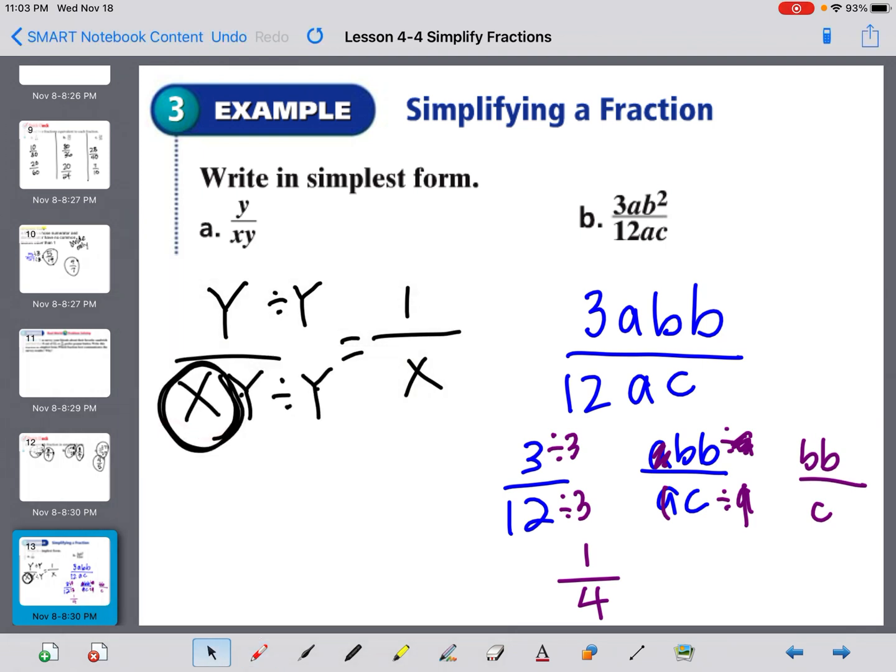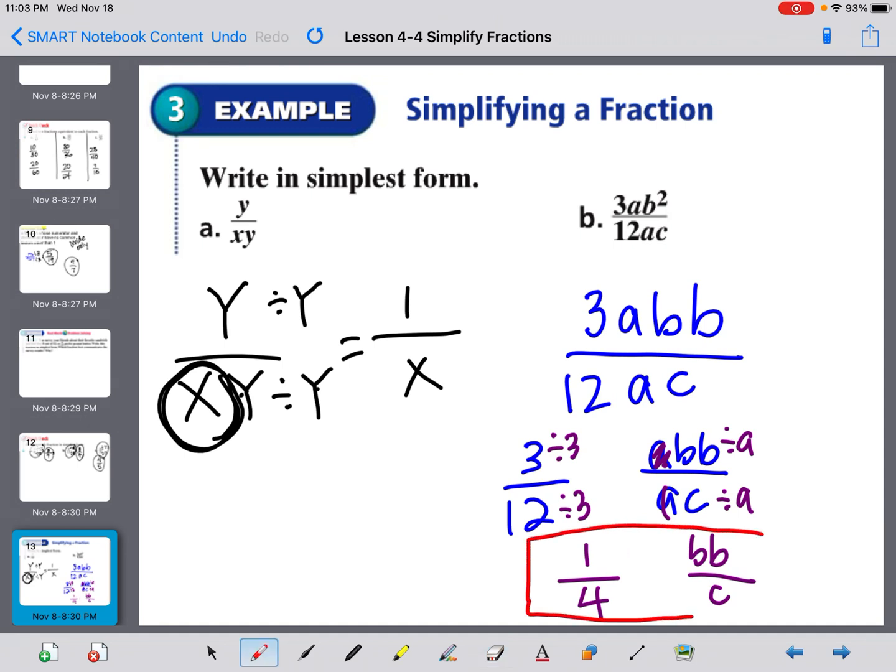Lastly, we are going to, not a math word, smush all of that back together. How do you write bb again?